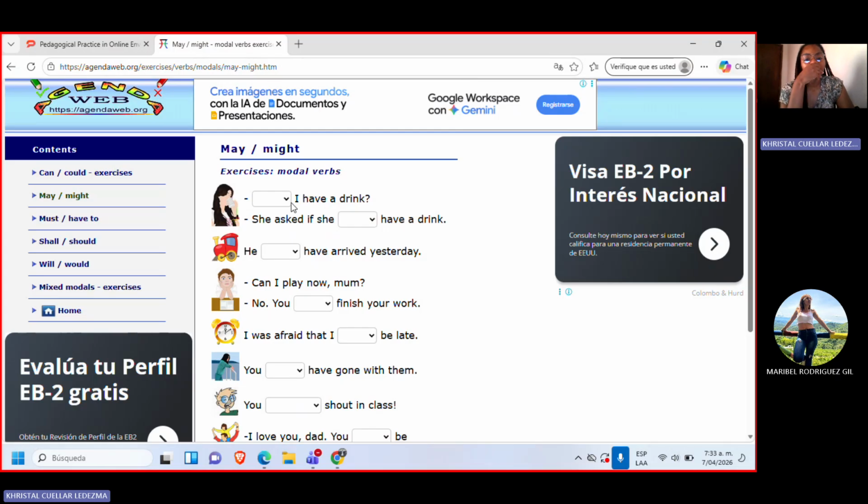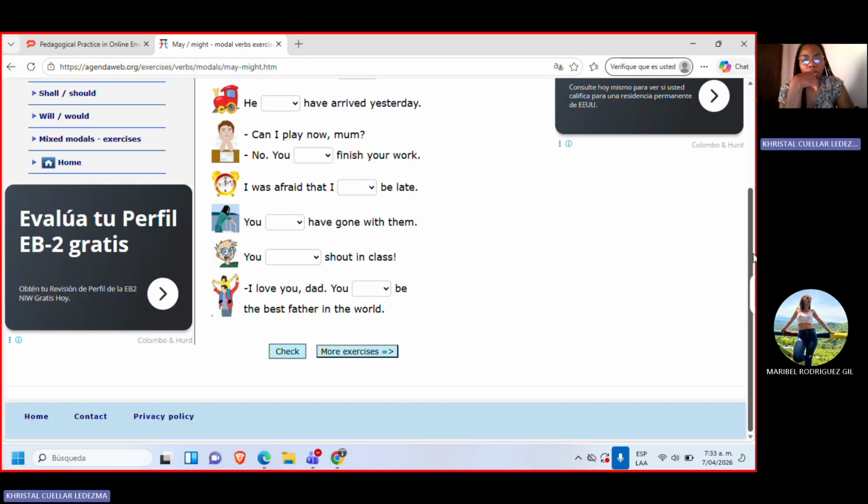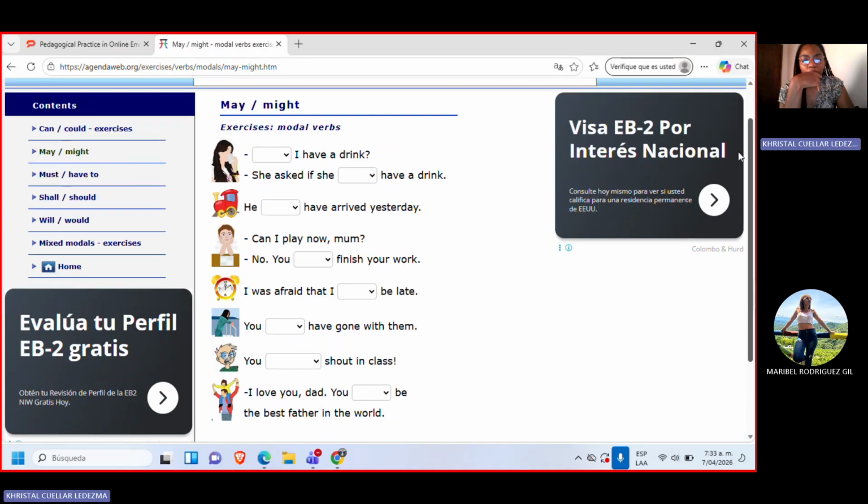The students will have to complete these exercises according to the topic that we've seen today. They have to choose between these possibilities. I will do some of these as an example for them, and then they could do the rest.